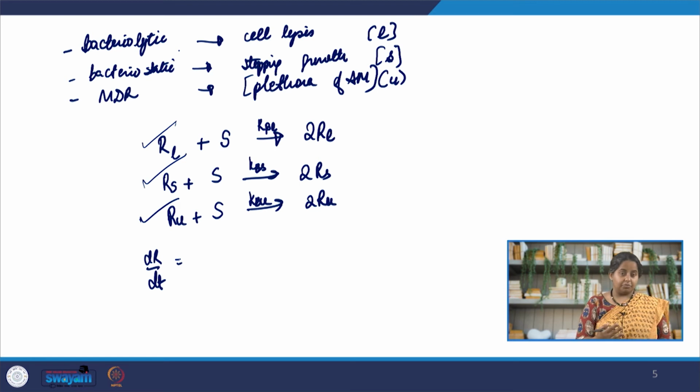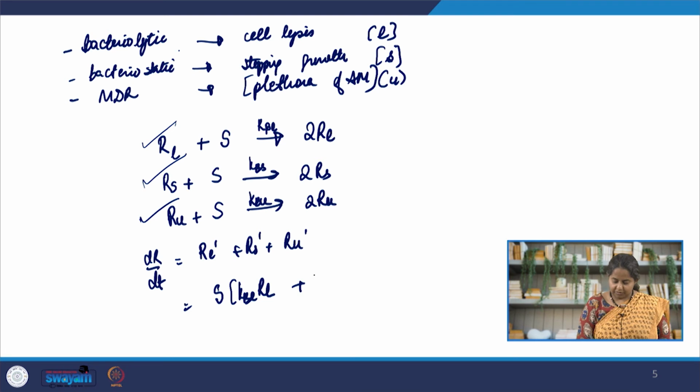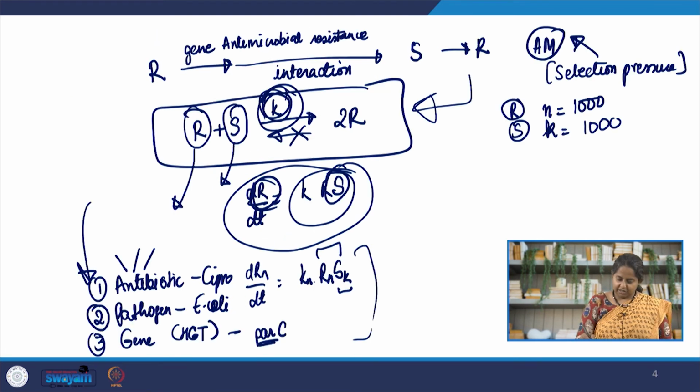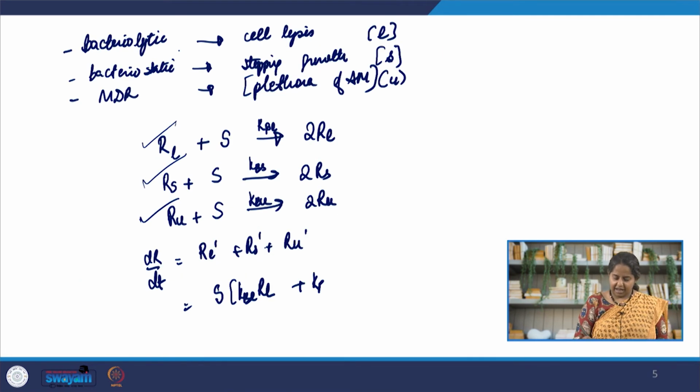That's another assumption that was made in the study, which will be equal to the rate at which RL, RS, and RU are changing with time, which comes out to be, so basically the rate equation that we had here, just add them all up.